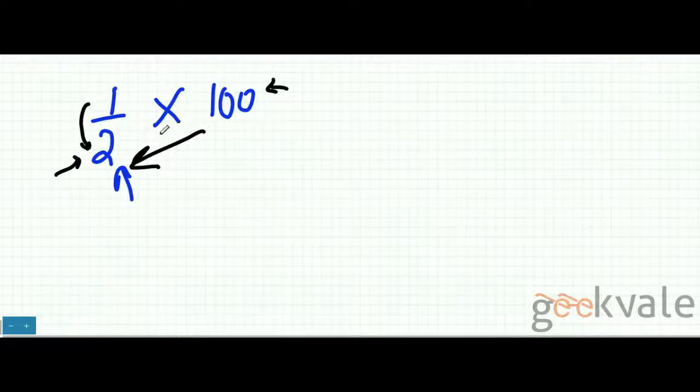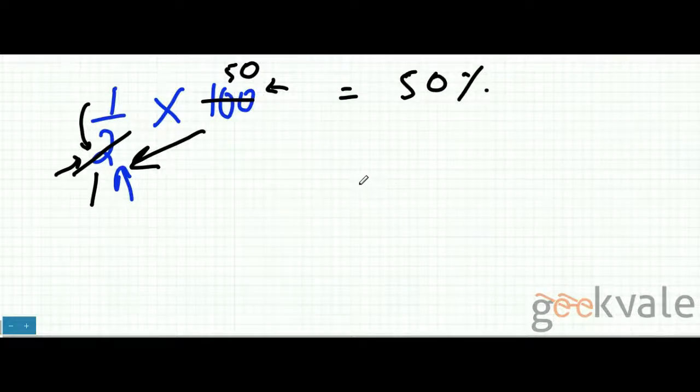But if they share something common in the cross, like in this scenario, 100 is not appearing exactly above 2, it's appearing in the cross, you can simplify that as well. So this is one way. 2 times 1 is 2, 2 times 50 is 100, and you get 50%. That's one way of doing it.